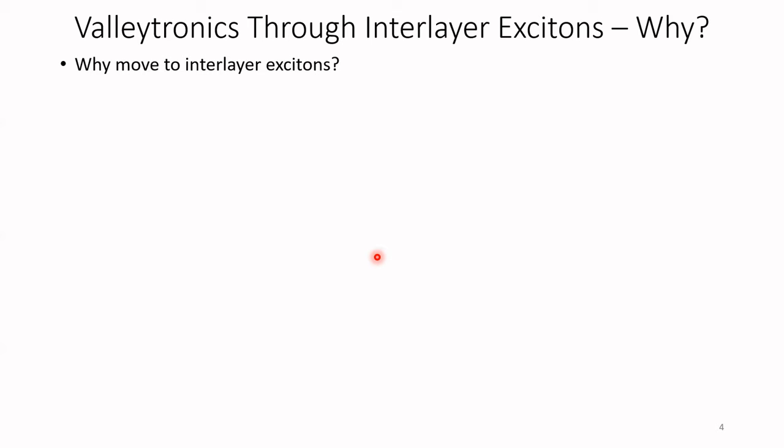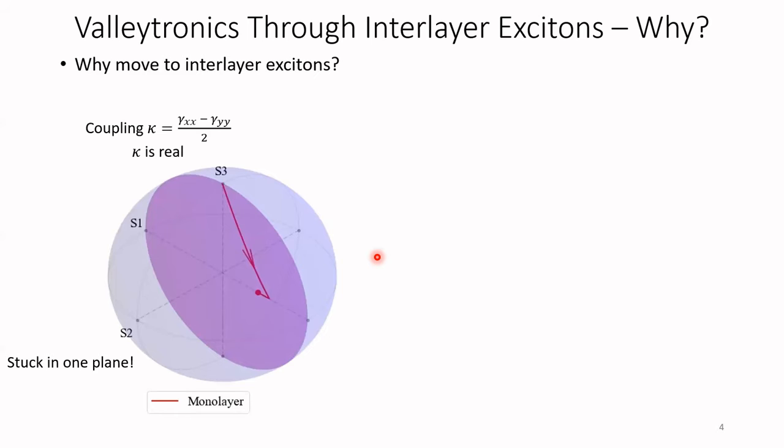Now why move to interlayer excitons, and what are the limitations with monolayer TMDCs? In a monolayer TMDC, if you remember the Bloch sphere representation from my first slide, S3 is just the plus K state, or the one state.